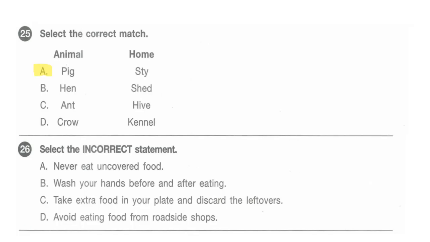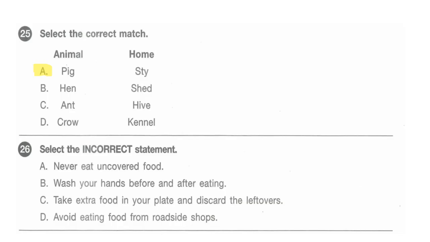Answer is option A, which says pig and the home of the pig is sty, which is a correct match. Make sure that you learn all the homes of most of the animals which are included in the preparatory guide or the workbook of Olympiad examination so that you can easily tackle these kind of questions. So let's move on to the next question.